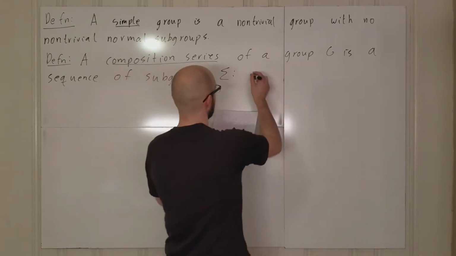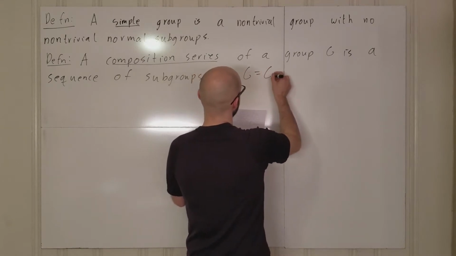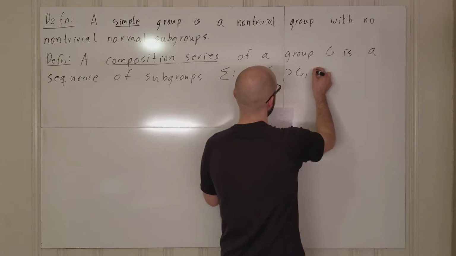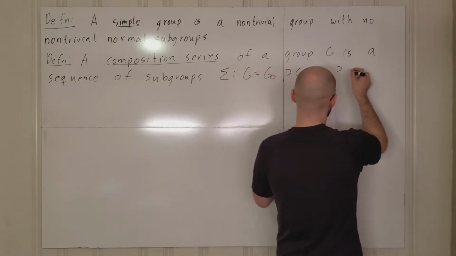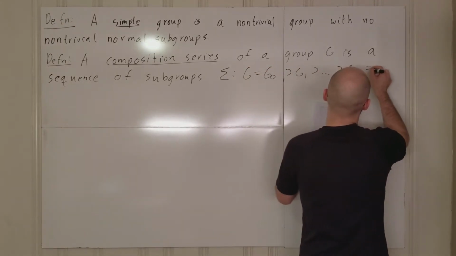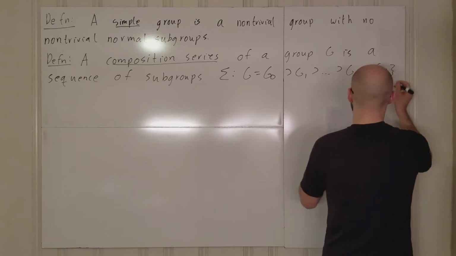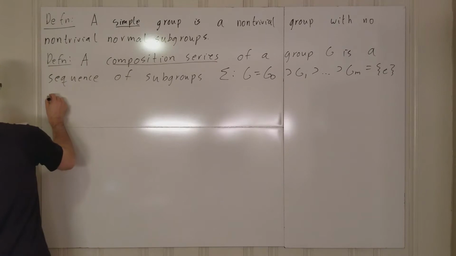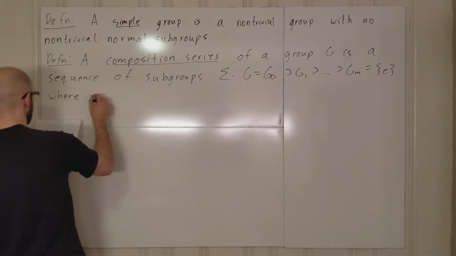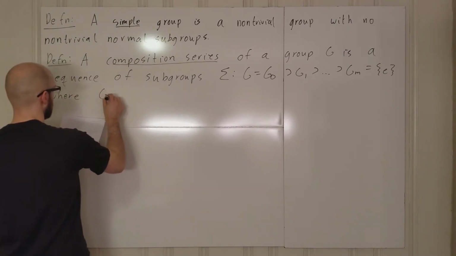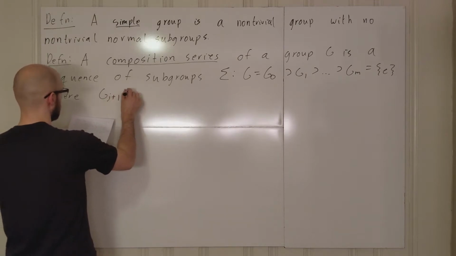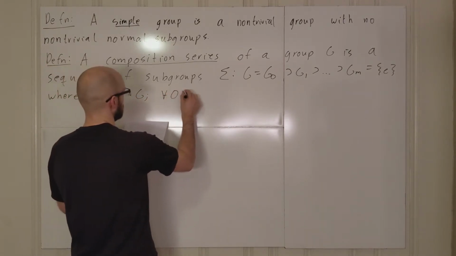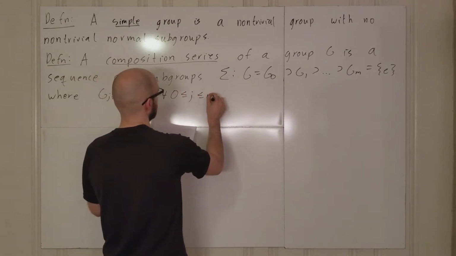Then we're going to have G, which is equal to G0, and this is going to contain G1, which is going to contain all the way up to, let's say, Gm, which will be the identity subgroup, where G_{j+1} is normal in G_j for all j between 0 and m minus 1.